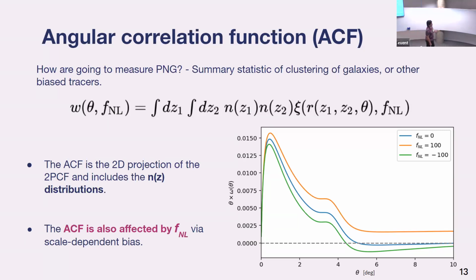And interestingly enough, you can see that the angular correlation function is also affected by this. Similarly to the two-point correlation function, you can see how the angular correlation function changes for different values of fNL.